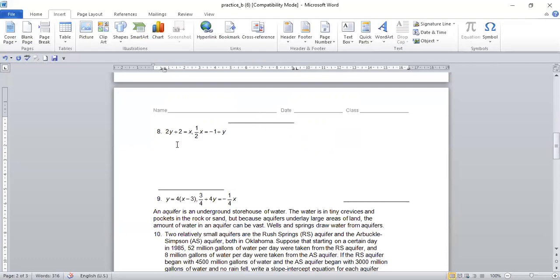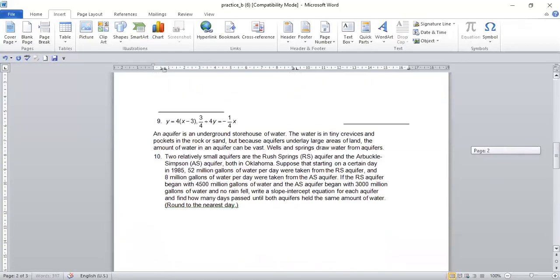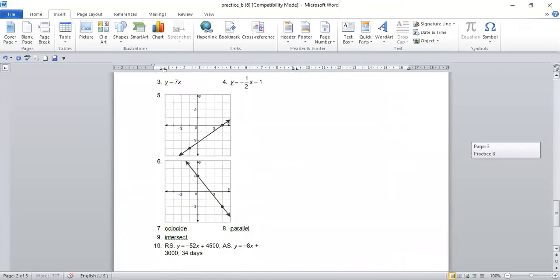So again, this is going to be 2y plus 2 is equal to x. Once you solve this, you are going to get y is equal to 1 over 2 x minus 2. So again here, if you solve this, the slope is also going to be the same, but the y-intercepts are not going to be the same.